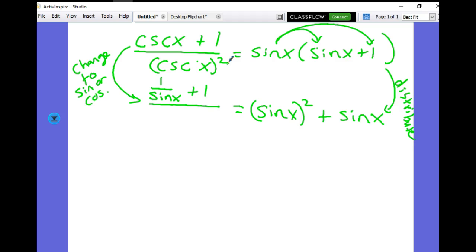Okay. And so what this is going to become now is 1 over sine of x squared, right? So there we go. We good? So if it's a reciprocal of it, then why wouldn't it be split?